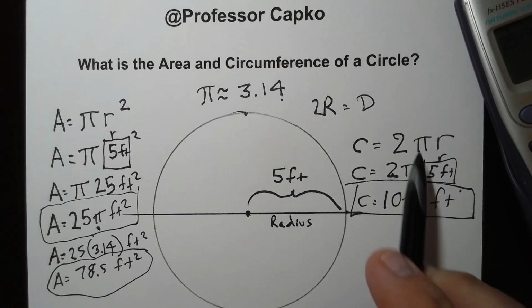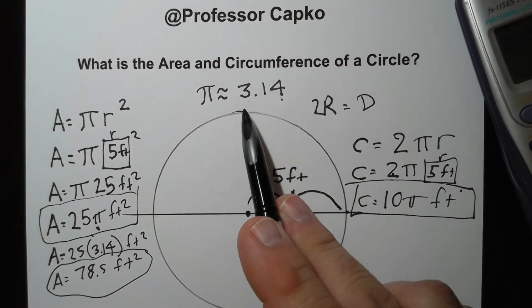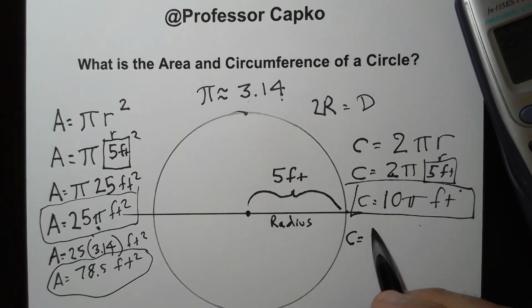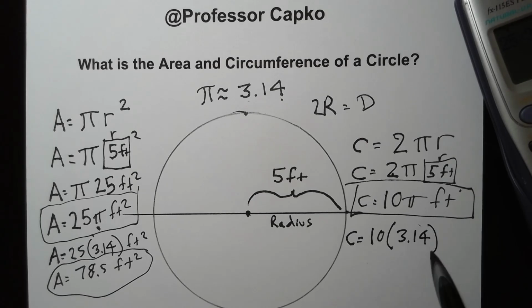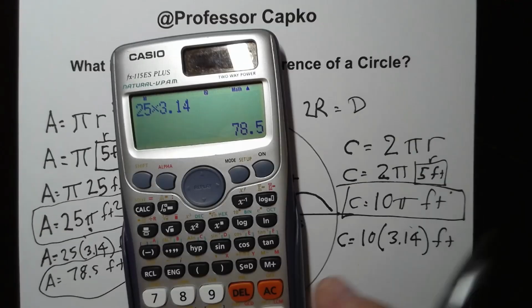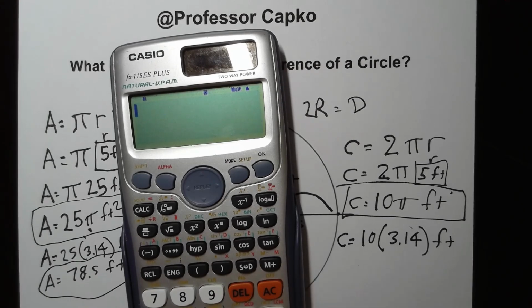If they ask you to approximate pi as 3.14, let's see how that would work. So we would have the circumference would be 10 times our 3.14 times feet. And let's go ahead and clear our earlier number. And let's go ahead and do the math. We can just move the decimal place over one, but I'll just show you 10 times 3.14.